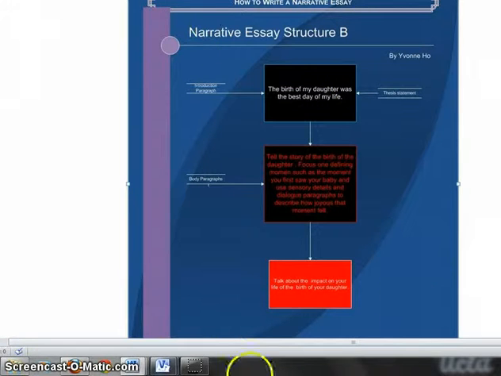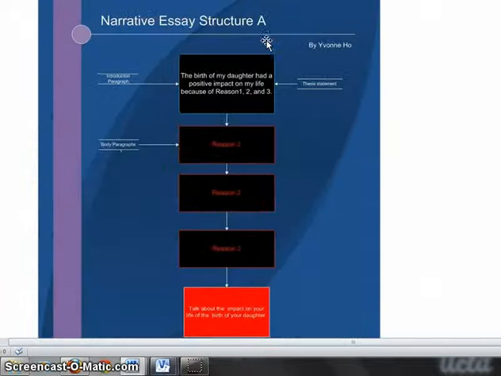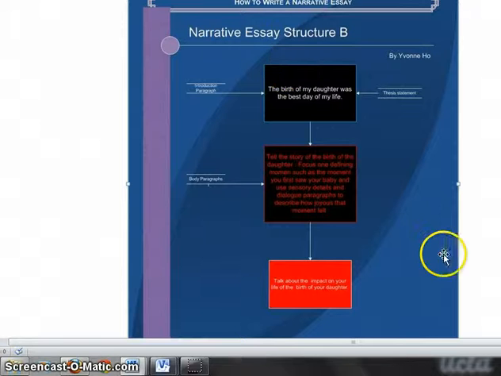And then this kind of story-like telling is very well known in creative writing, in literature. And so you have a choice of either using structure A or structure B for your narrative essay.